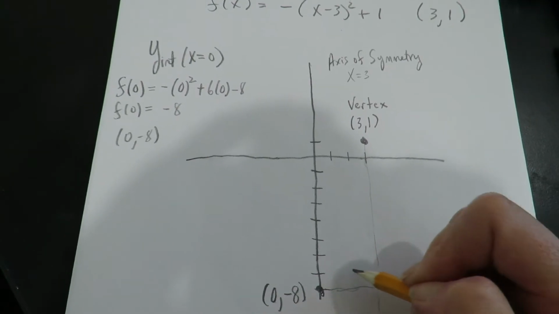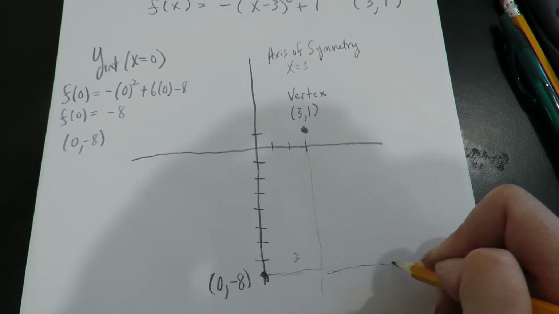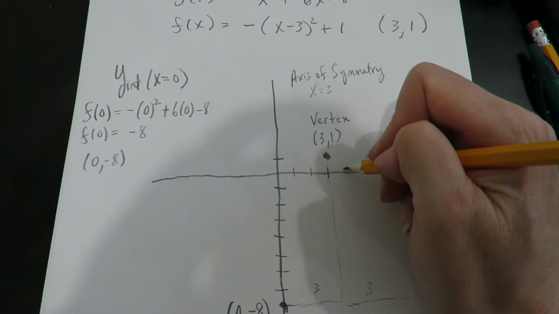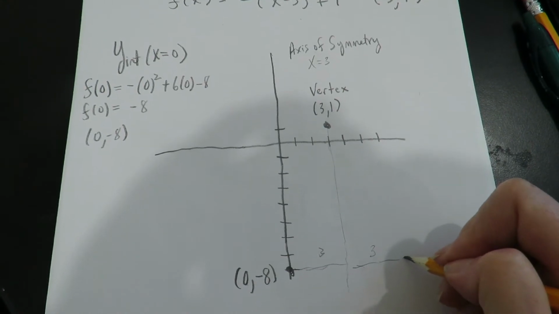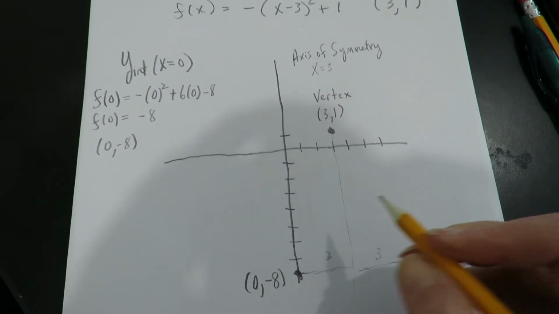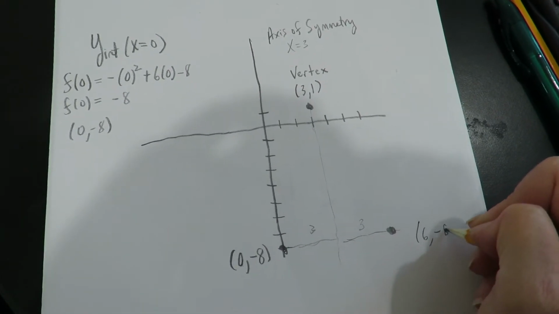And we are 3 units away from the axis of symmetry, so our buddy is always equal in distance on the other side, the same amount, right? So I have to walk over a total of 6 units, and it's always at the same height.